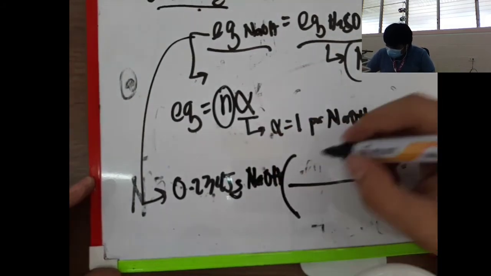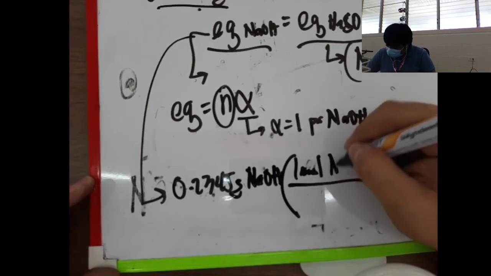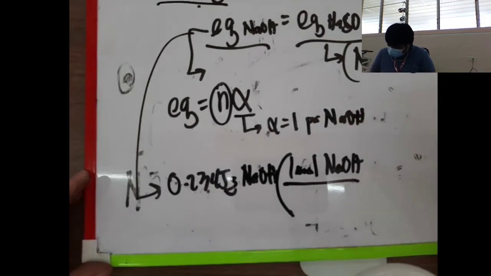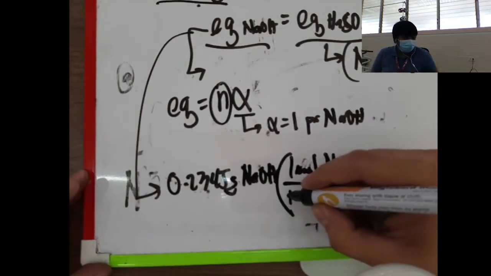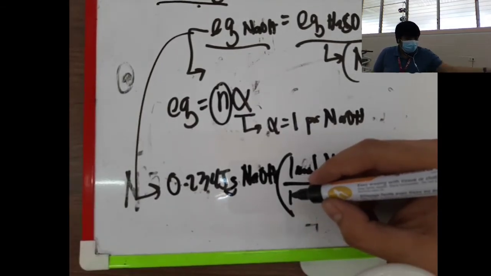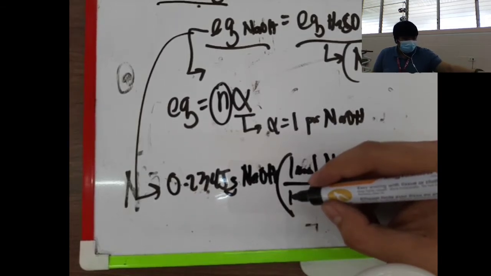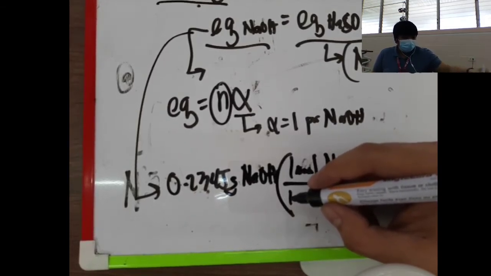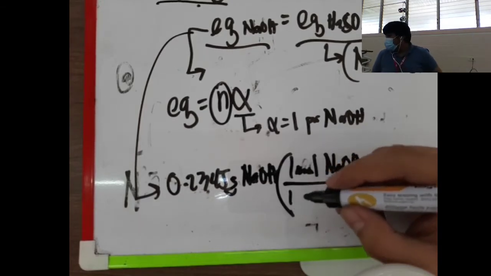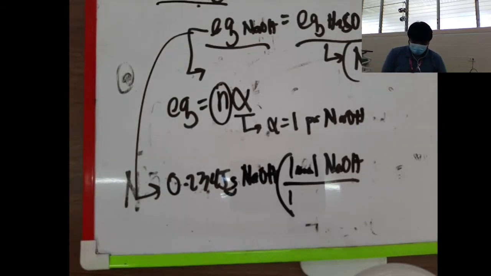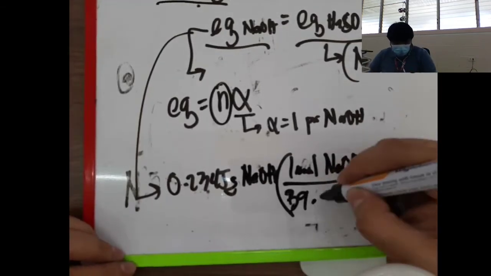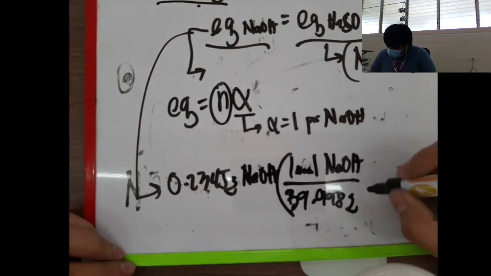Convert this to moles, so 1 mole of sodium hydroxide is equal to 39.998 grams of your sodium hydroxide.